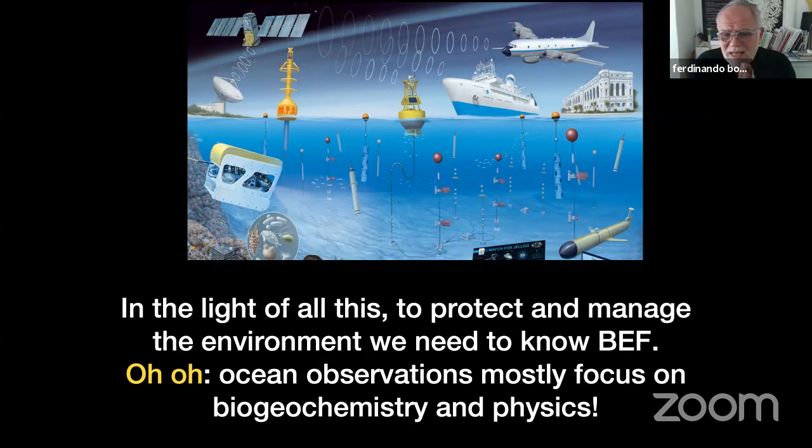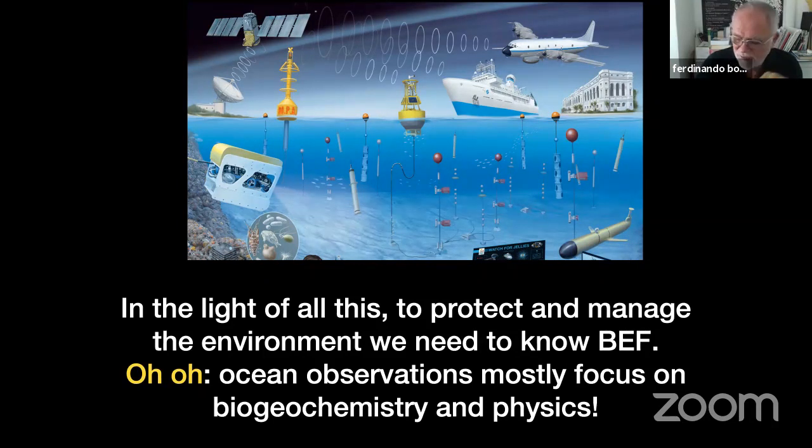This is a plate that shows what current observing systems are all about. They measure mainly physics, biogeochemistry and chemistry. And very often, if the observations are from satellites, they do it on a surface, not on the third dimension.